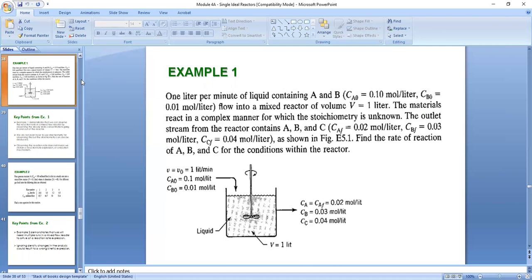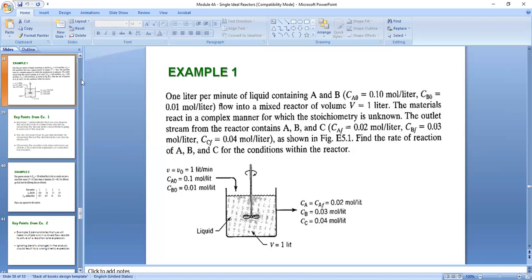Now, sample 1 talks about a 1 liter per minute of liquid feed containing A and B. The initial concentration of A is 0.10 mole per liter and that of B is 0.01 mole per liter, which flows into a mixed reactor of volume 1 liter.